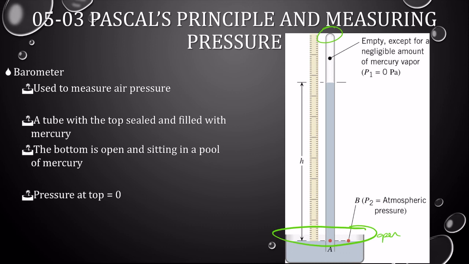The pressure at the top is 0, because it's completely sealed. The pressure at the bottom is the atmospheric pressure. So that means that our pressure is just simply due to this nice column of mercury here, and that pressure is just rho g h.